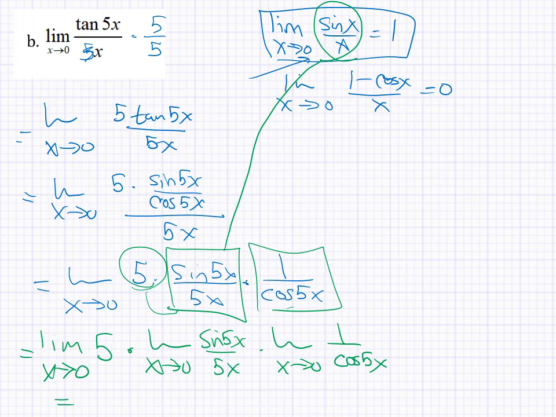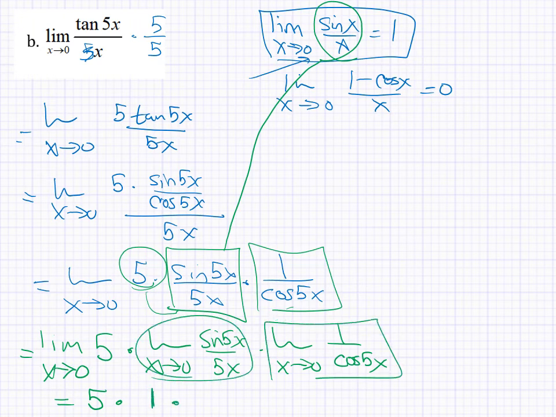And so, like we said a second ago, this one will just be the 5 times this, we know, equals 1. And this, if x is 0, cosine of 0 is 1, and so that's 1 as well. So what do we get out of this whole thing? 5. So the limit of this function is 5.